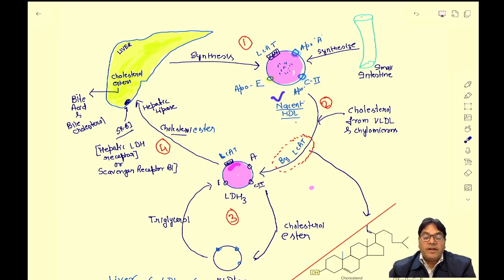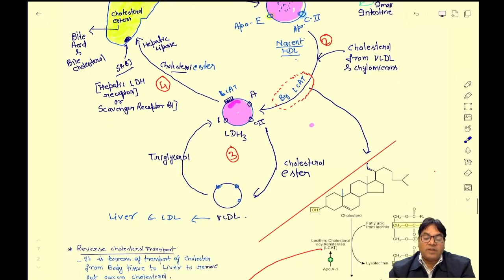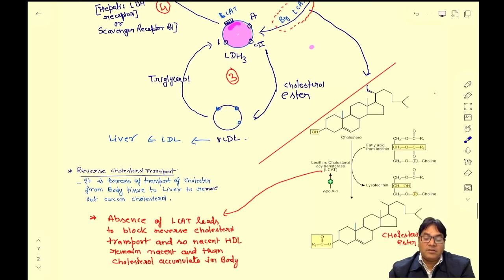So this nascent HDL, when it receives cholesterol from VLDL and chylomicrons, it bulges and becomes HDL3, and this enzyme actually catalyzes this reaction. I'll be explaining this reaction in a short while.